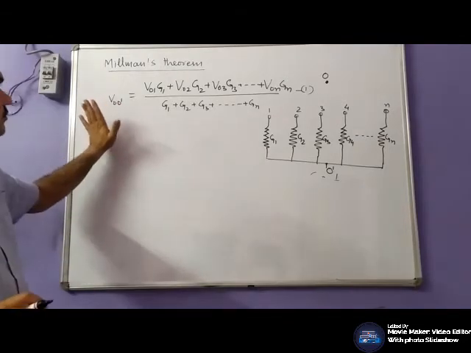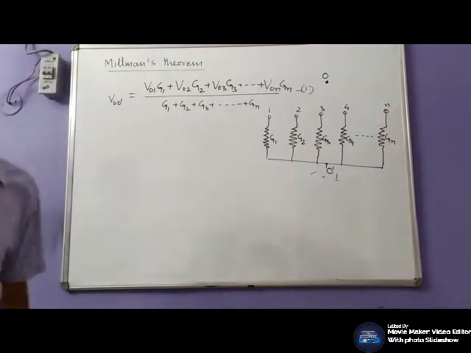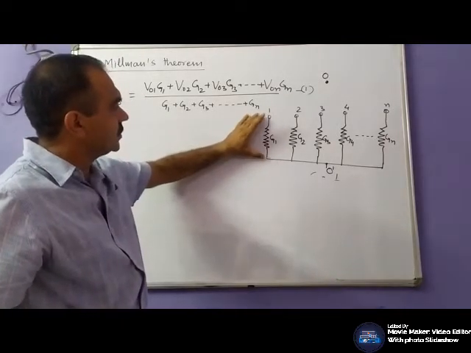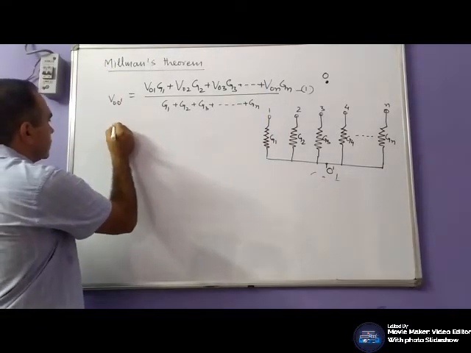As per this theorem, this V00 dash should be equal to this. Now, what is the voltage across this G1?